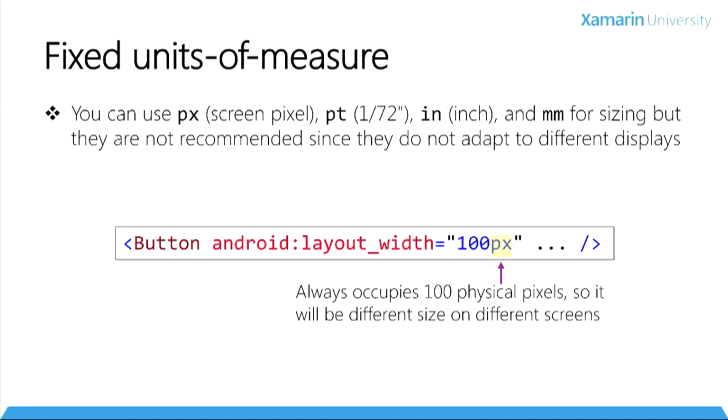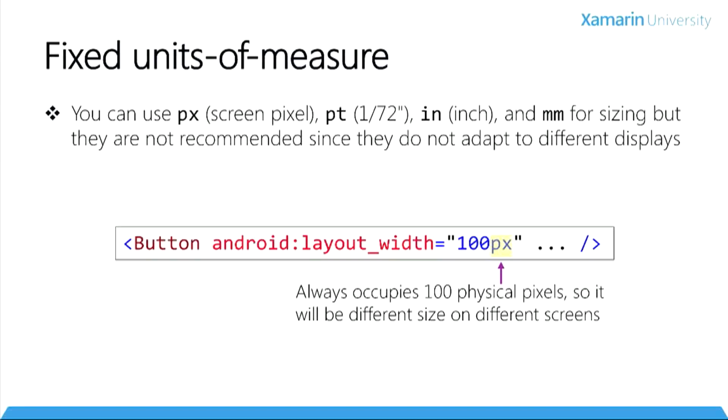On a 500 dpi display, 100 pixels is 1/5 of an inch, so it's going to be a very small button. On the other hand, if we run this on a low resolution display, like 100 dots per inch, then our button is going to occupy an entire inch.